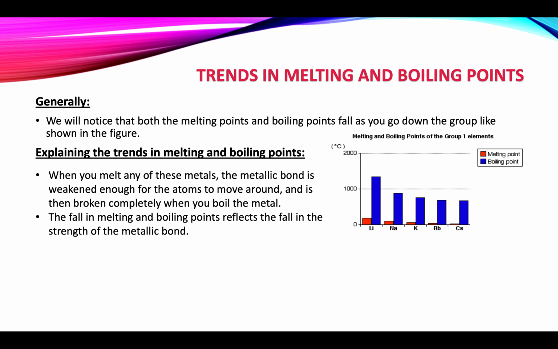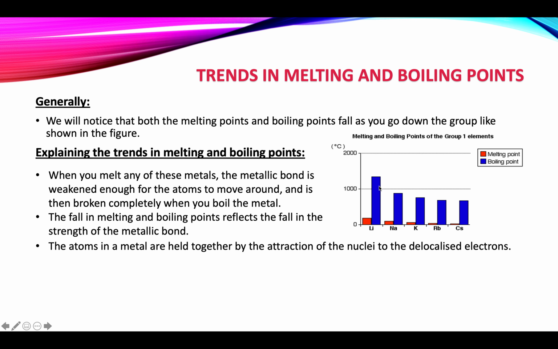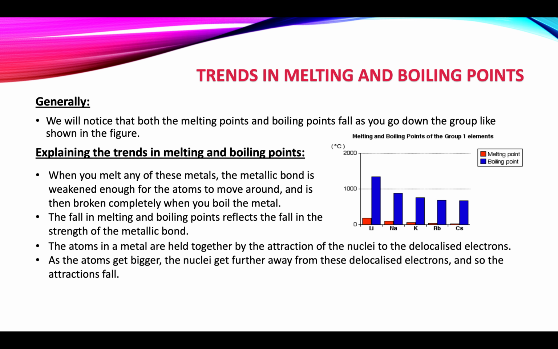of metallic bond. If we compare the strength of metallic bond in lithium and cesium, we can say that the metallic bond strength is far greater in the case of lithium, and it is due to the small size of lithium and more closer packing. In metallic bond, the metal atoms are held together by the attraction of nuclei to the delocalized electrons.